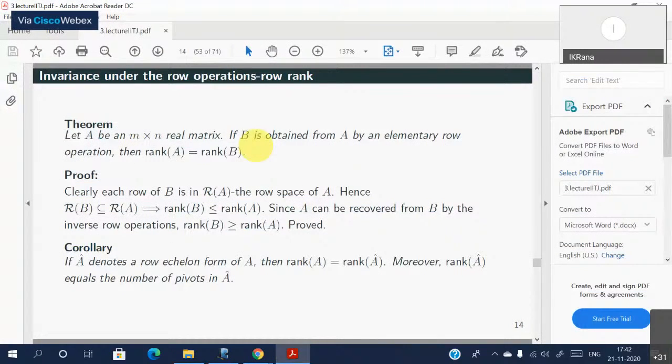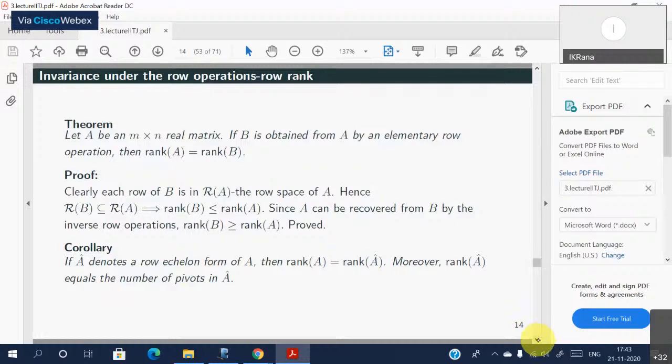So finally, that should mean the rank of the matrix A is the same as the rank of any one of its row echelon forms or the reduced row echelon form. So rank of A is the same as rank of A tilde, where A tilde is a row echelon form of it. So that is one observation.